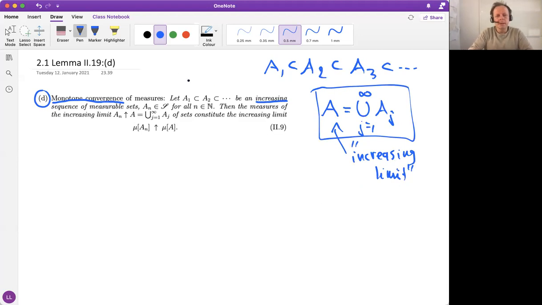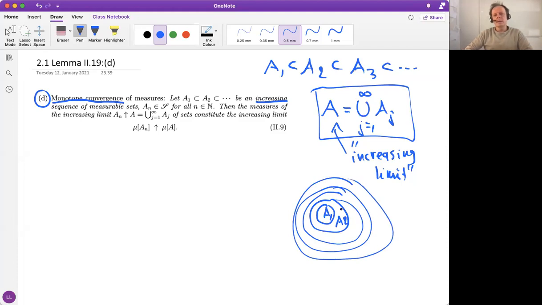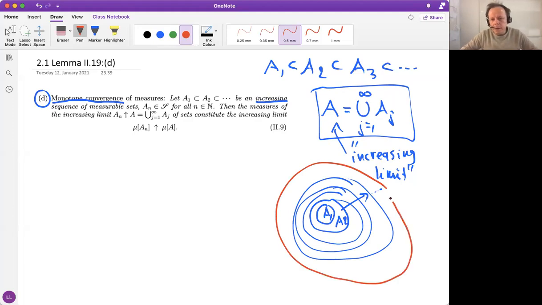You could think, if you draw a picture, so you have A1 here, then the next set A2, which is a bit bigger, A3, A4, A5. So these sets are increasing all the time. We are adding more and more points. So you could ask, what's the limit when you continue forever? What does this union mean? Where does it end?